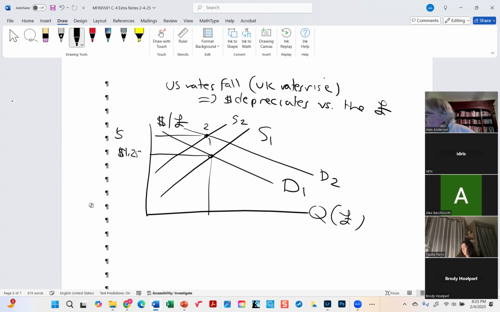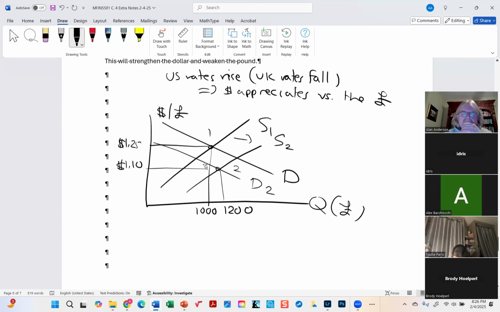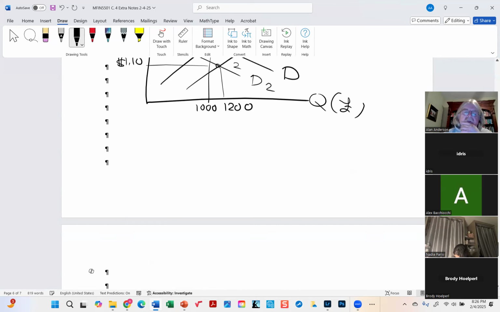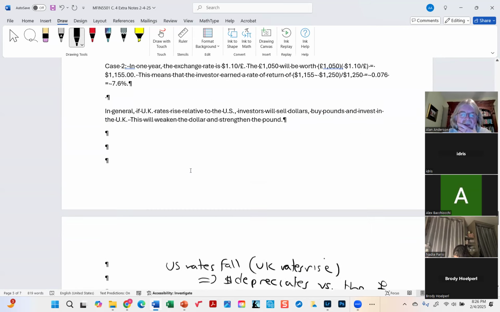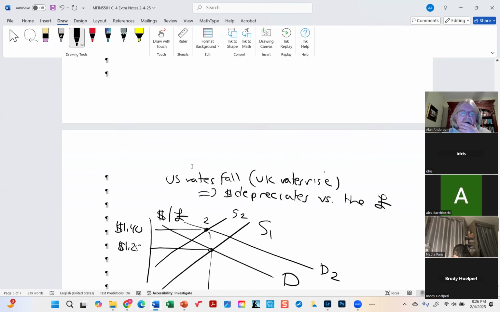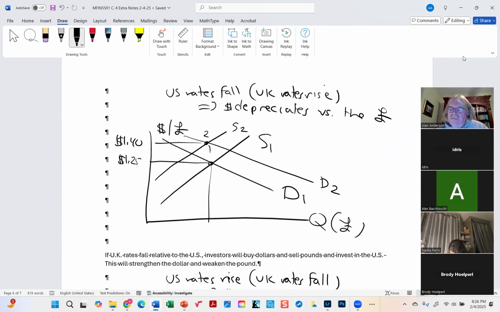And let's say this brings us to $1.40. So those are two of the most important factors that determine exchange rates, interest rate differentials and inflation differentials. But there are others. It's not the end of the story.